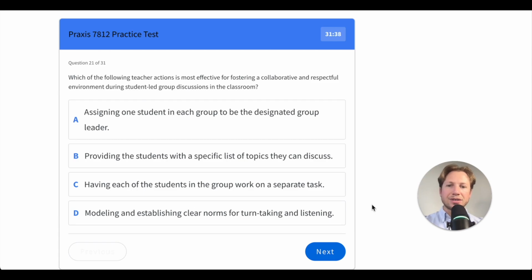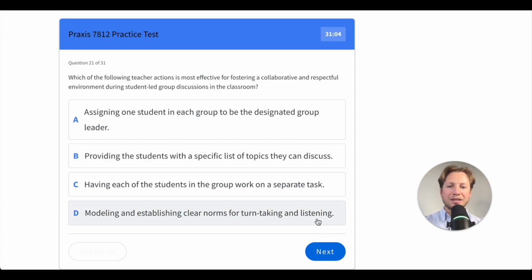This one asks, which of the following teacher actions is most effective for fostering a collaborative and respectful environment during student-led group discussions in the classroom? Read the answer options A, B, C, and D, and then we'll talk about it. All right, which one am I going to go with? I'm looking at it myself too.